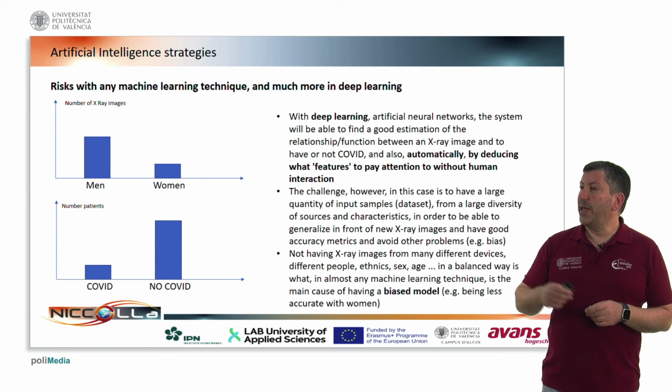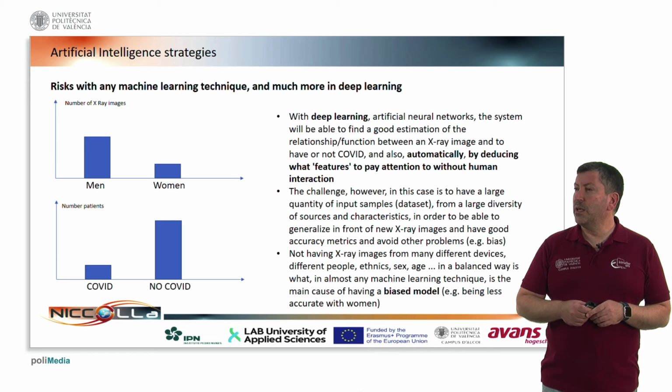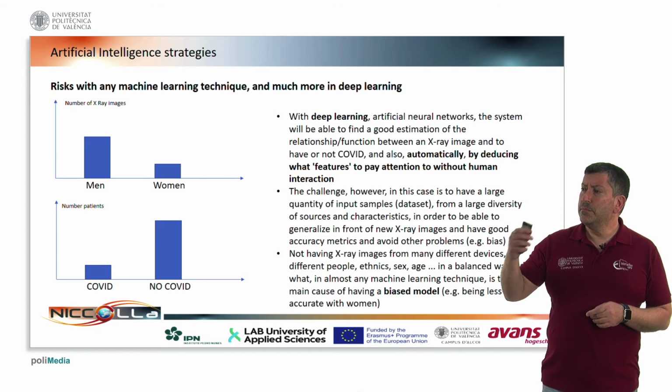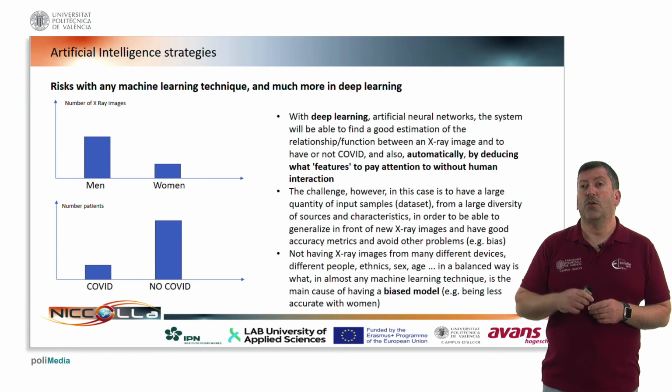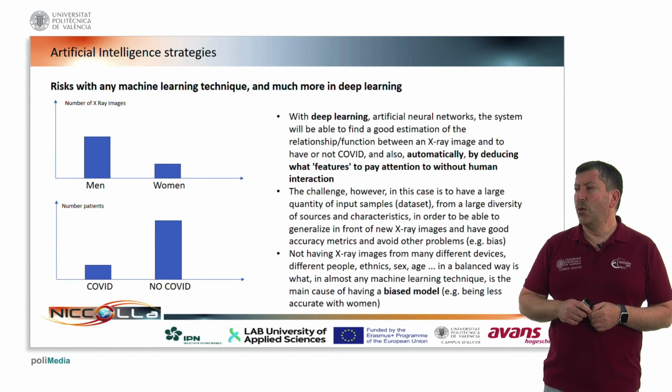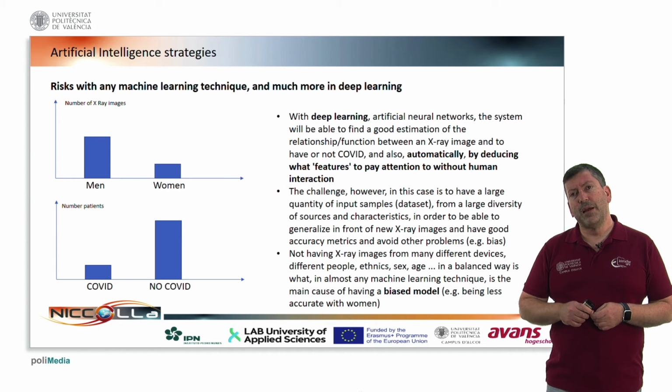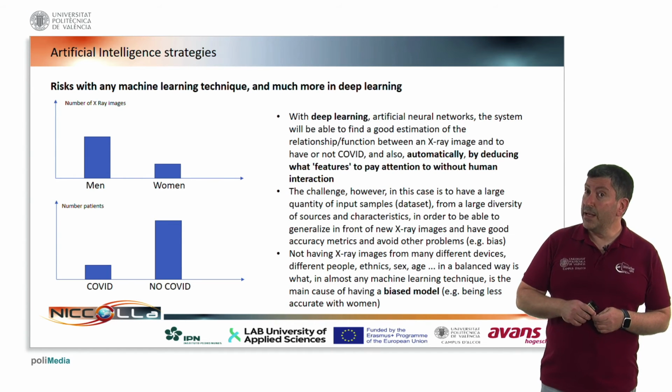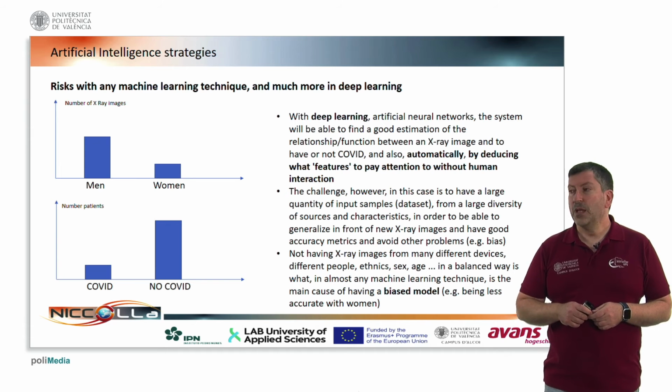So in the charts you have here, if, for example, we are training our model with many more images of men and fewer of women, we can have problems, okay? Because we are going to have bias. So somehow we are not going to have as good results with women as with men.